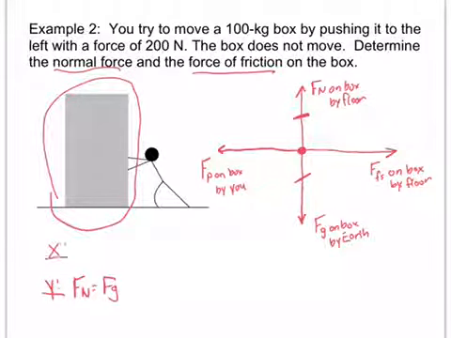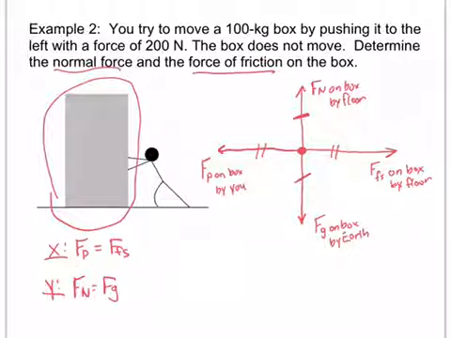Obtaining our x equation, we're going to look at all the horizontal forces, and we know that the force applied by the person has to be equal to the force that points to the right, which is the force of friction. So we know F sub P has to be equal to the force of static friction. And those are our equations.